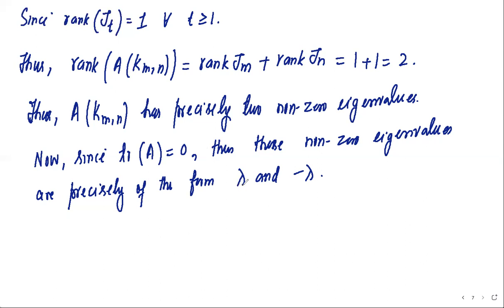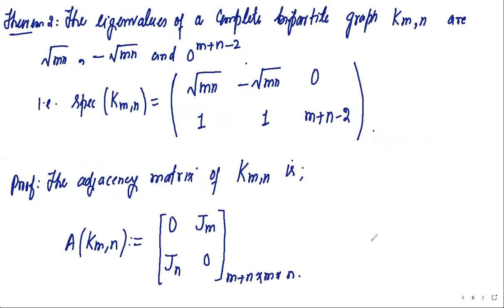But now we need to show that this lambda is equal to square root of mn, and minus lambda is minus square root of mn.